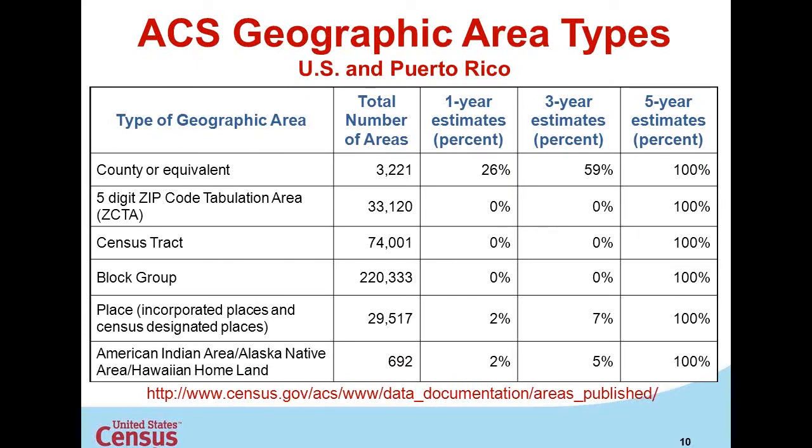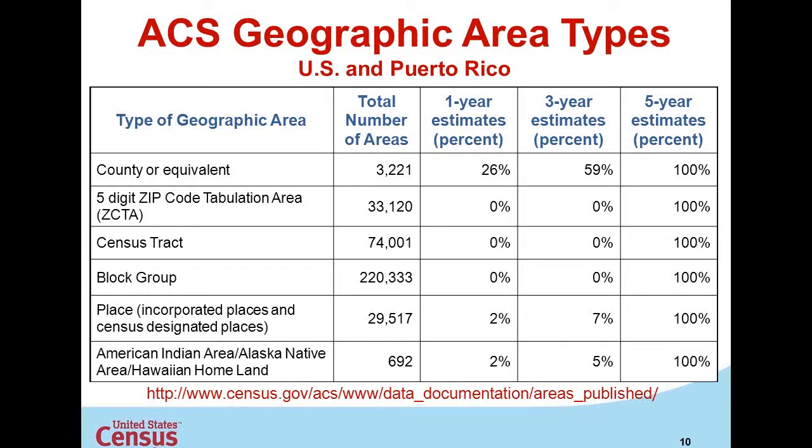The table on this slide shows the availability of certain selected geographic areas with smaller populations in the 1-, 3-, and 5-year American Community Survey datasets. As I mentioned earlier, population size of the geographic area determines in which dataset estimates will be available.